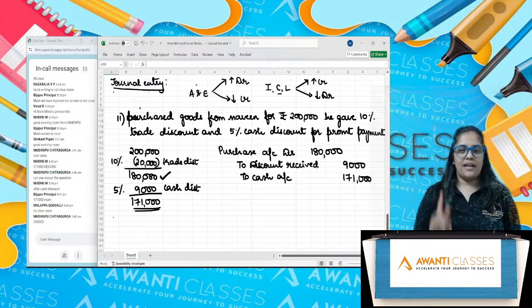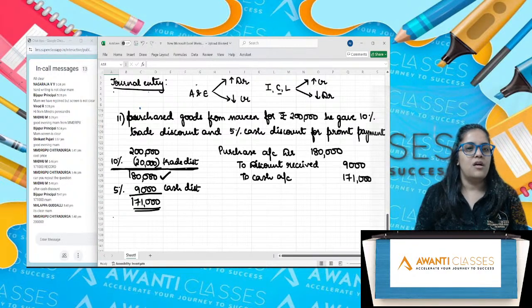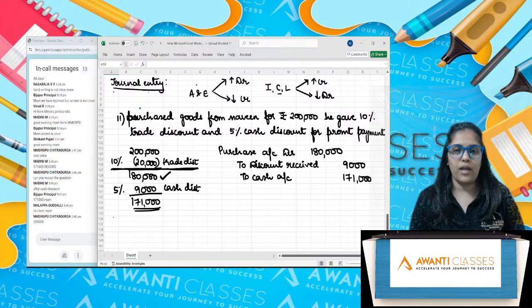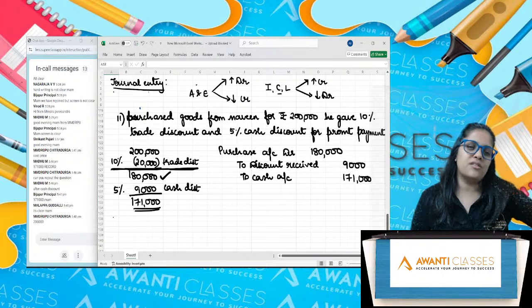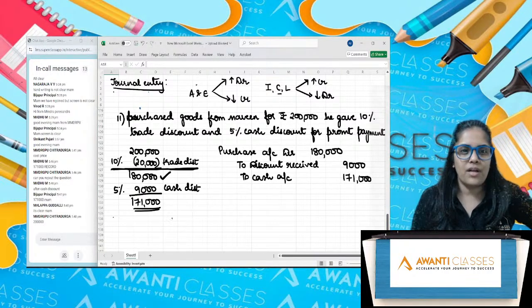Trade discount will never appear in the books. So this much of the calculation should never appear in the books. We'll directly record our purchases at 180, of which we have to pay only 171 because we got a cash discount of 9,000. Okay, I'm going to wait for 1 minute.